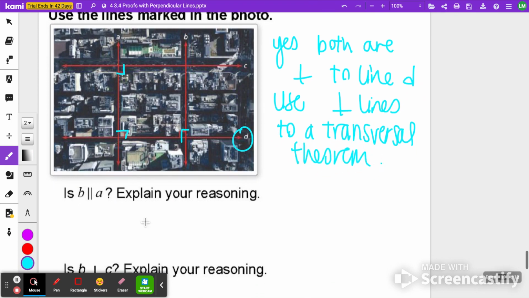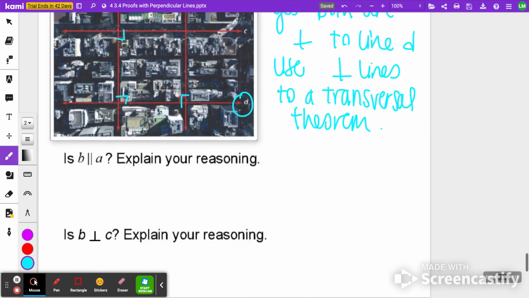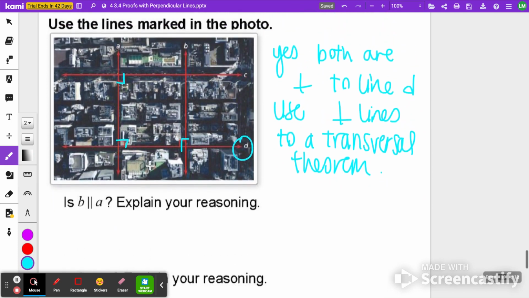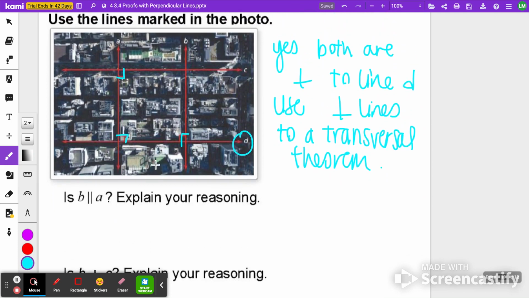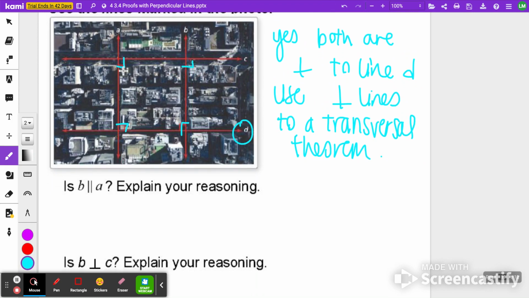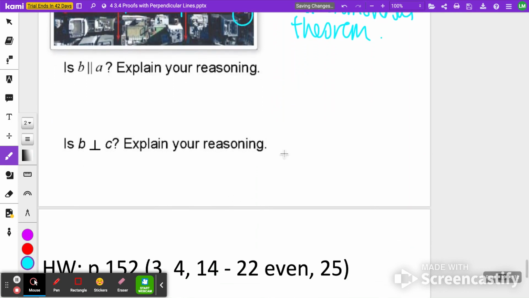Okay. Then our last one is B perpendicular to C. If you look at B and you look at C, technically we can say B is perpendicular to C because of the corresponding angles theorem. If this would be 90 degrees, then this one should also match using those supplementary angles or the knowledge of those supplementary angles.